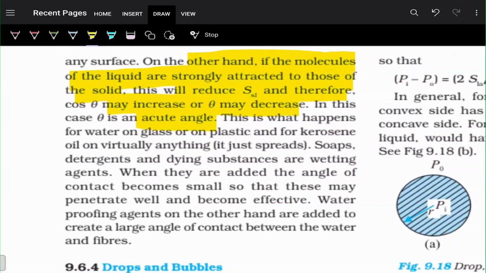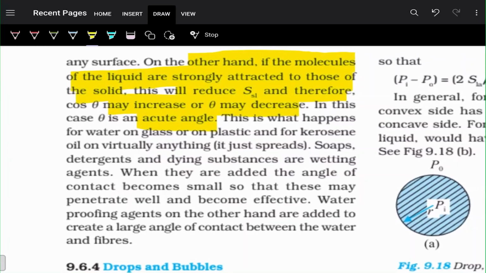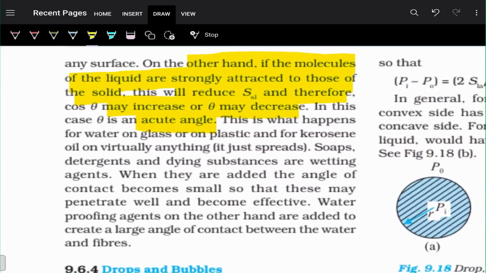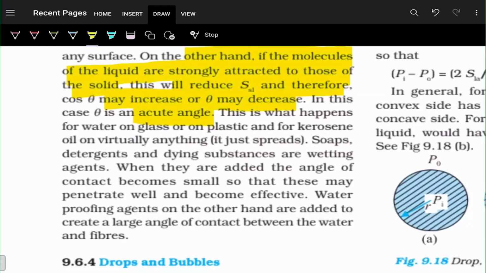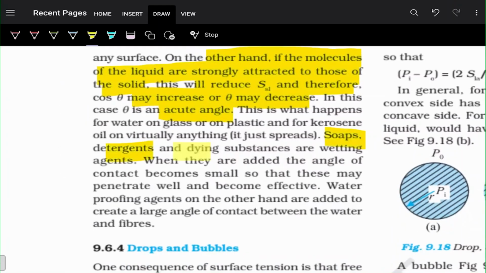When they are added, the angle of contact becomes small so that these may penetrate well and become effective. So this is very important.